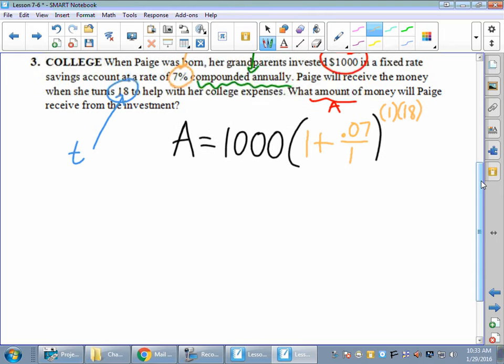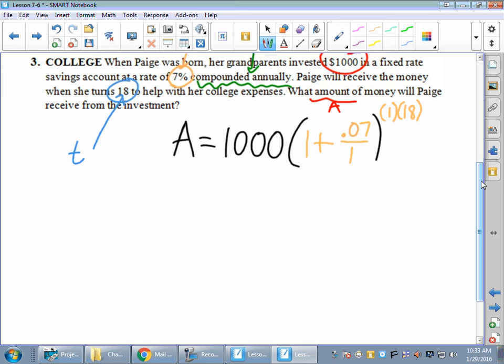So now math, are you ready? First of all, inside my parentheses, because that's where I start with order of operation, 0.07 over 1 is just 0.07, right? So do this, 1 plus 0.07. Probably will end up being 1.07. Don't clear that out of your calculator.